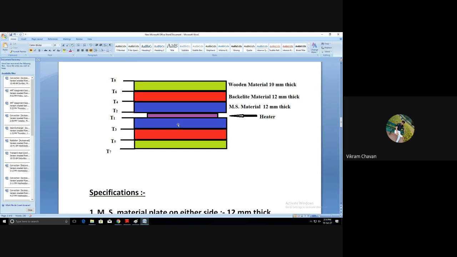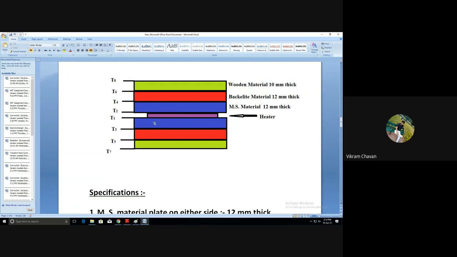So T1 and T2 are equidistant and have the same configuration: T1 is placed after the aluminum plate centrally, and that aluminum plate has 6 mm thickness on the downward side and the upward side. In the upward side, T2 is placed centrally after the aluminum plate.